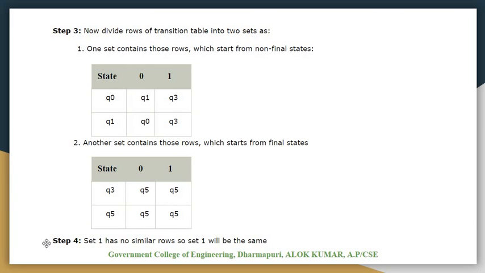After that, in the fourth step, suppose this is set 1 and this is set 2. In set 1 there are two rows, and we see whether both rows are similar or not, and in set 2 also we check whether the two rows are similar. If two rows in any set are similar, we remove one row.